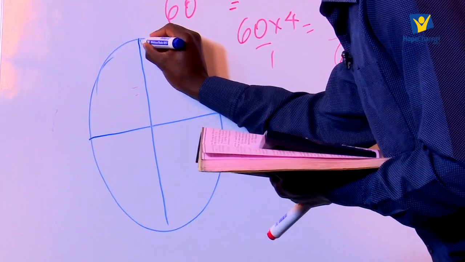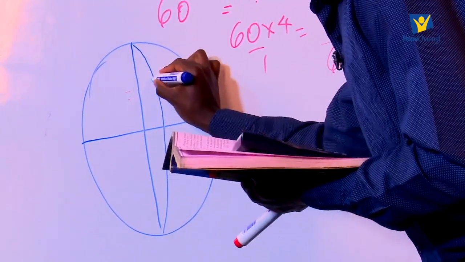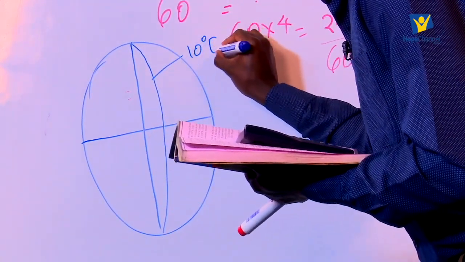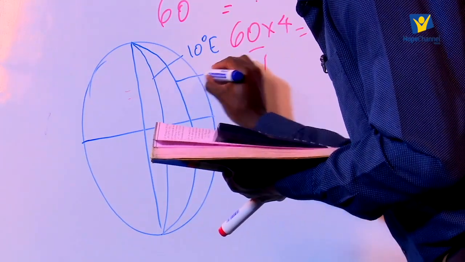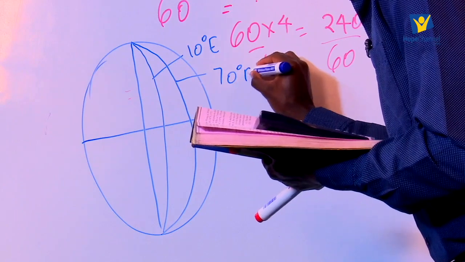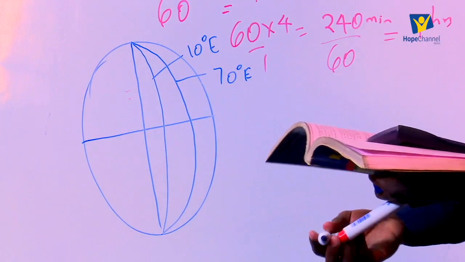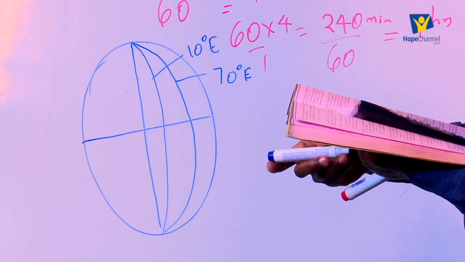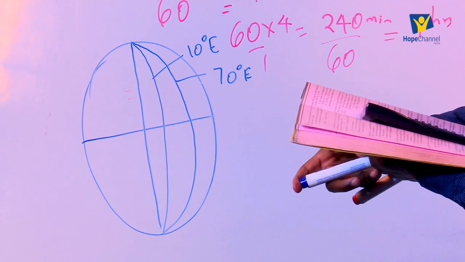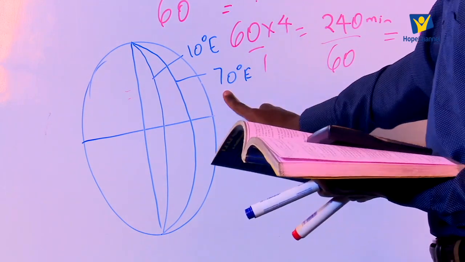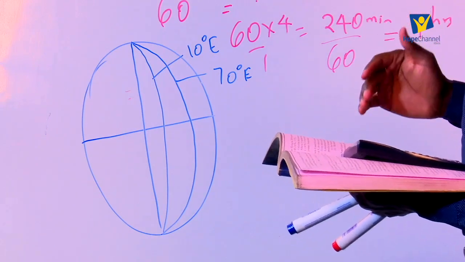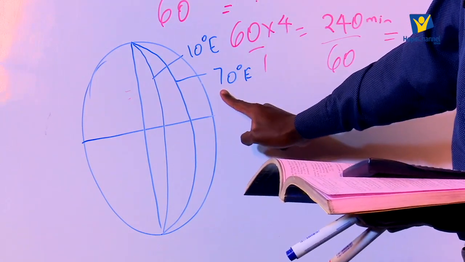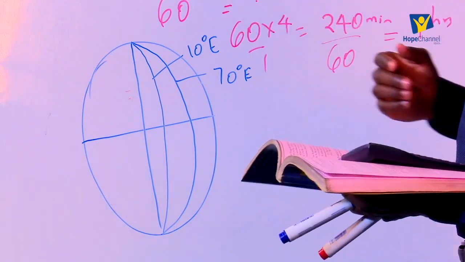Of course we'll have X at 10 degrees east, and then you have Y at 70 degrees east. Both of them are on the same side of the prime meridian, but Y is far, it's 70 degrees east. That means the time at Y is ahead of that at X.